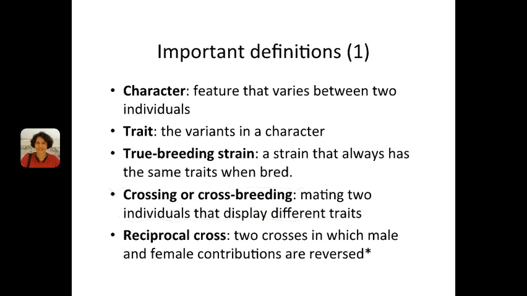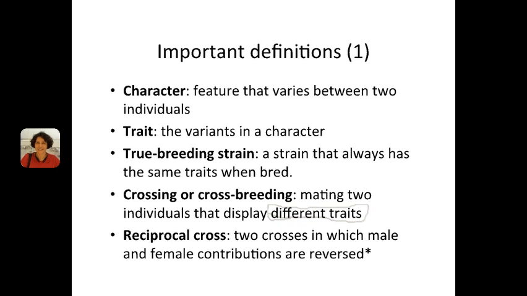Notice that we're just mating individuals that display different traits of the same character. So we are comparing two traits of the same character. So purple versus white from the flower color character, green versus yellow from the pea color character.